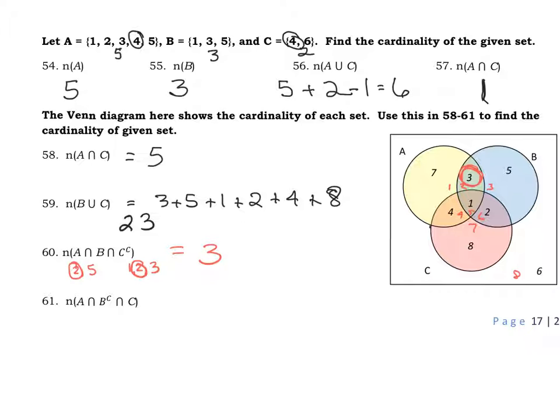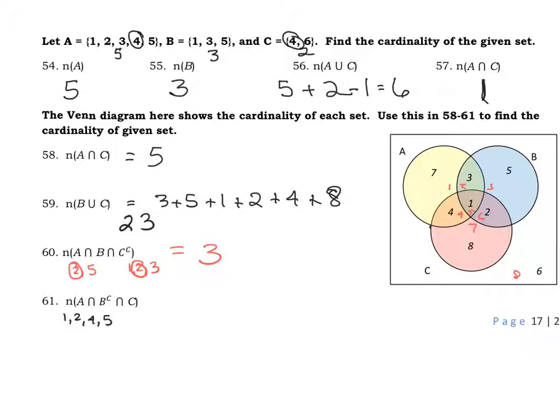All right. So for the next one, I want the intersection of A, the complement of B, and C. So I'm going to erase just this mess that I made here. Okay, so A, of course, would be regions 1, 2, 4, and 5.